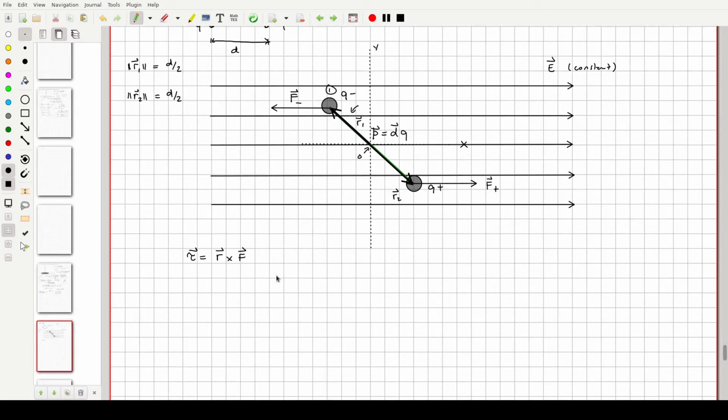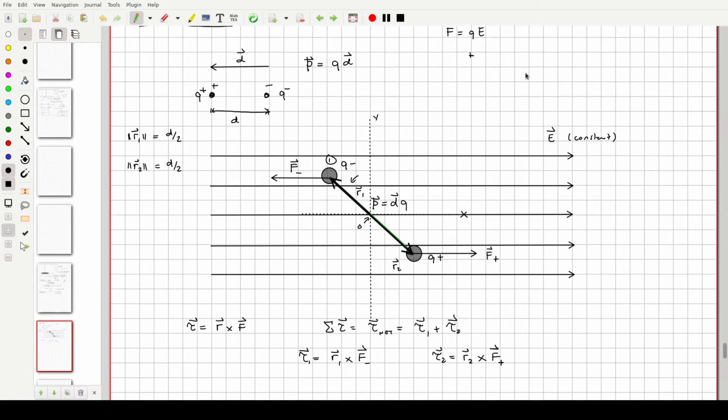All right. So if I look at the net torque, I sum up my torques to get the total torque. We have two torques, tau 1 and tau 2. Tau 1 is R1 cross F negative. Tau 2 is R2 cross F positive.